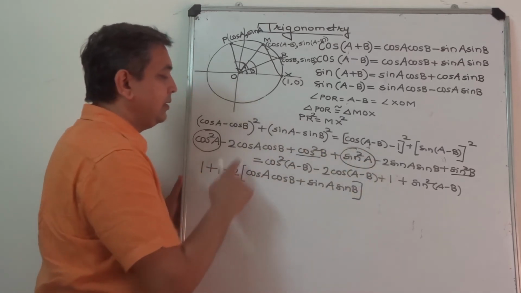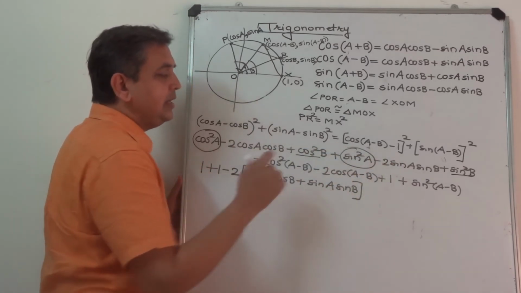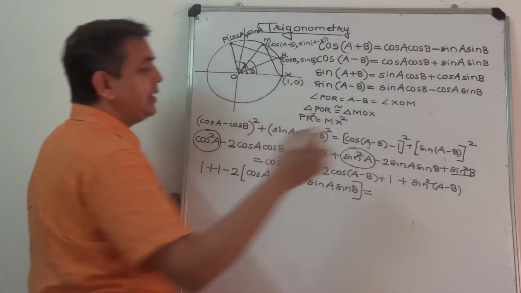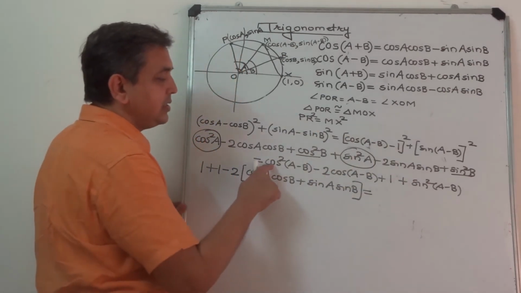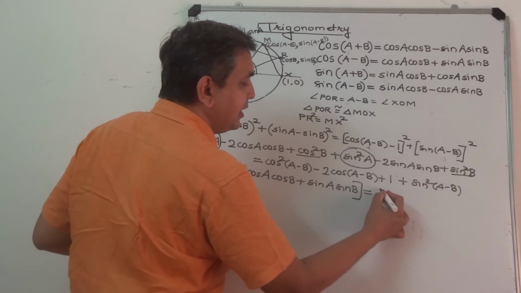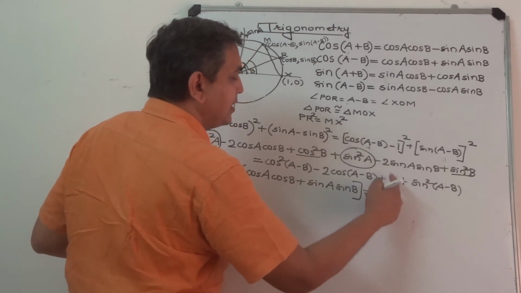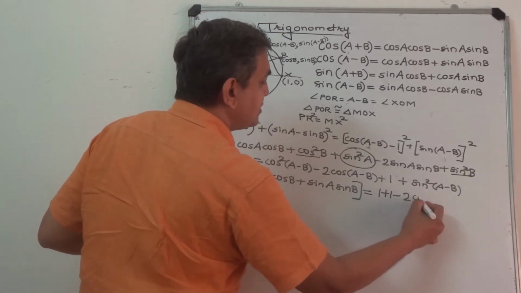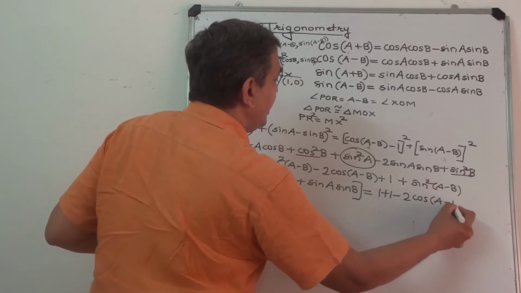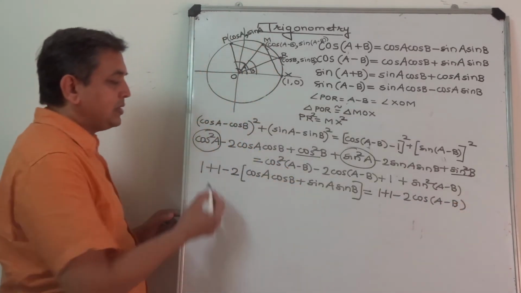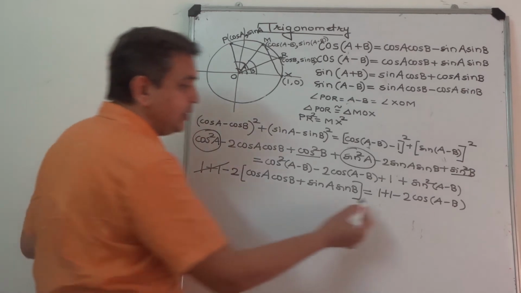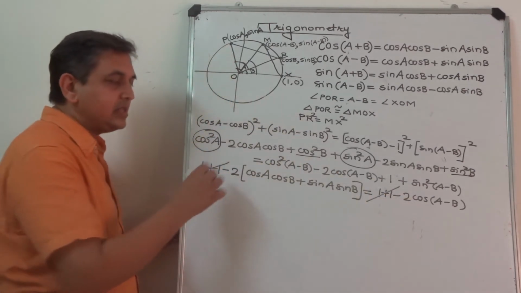Minus 2 common, cos A cos B plus sin A sin B. And on the right hand side, see what we get. This is again cos square plus sin square, that is 1, plus 1, minus 2 times cos of A minus B. Now from both sides we can cancel this 1 plus 1, that is 2. Cancelling from both sides.